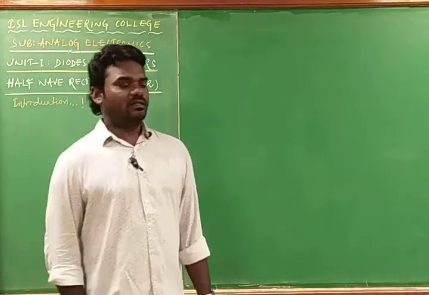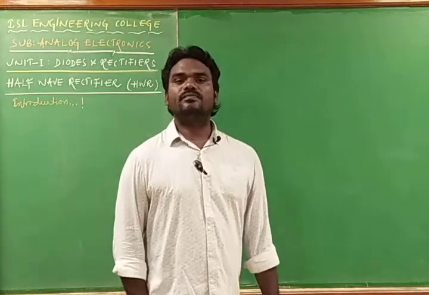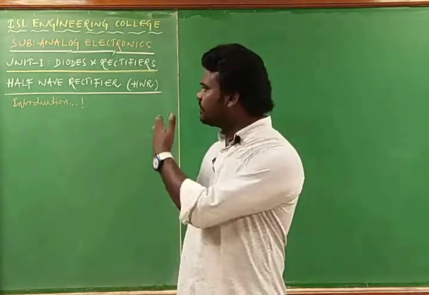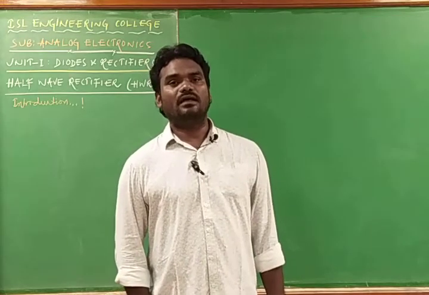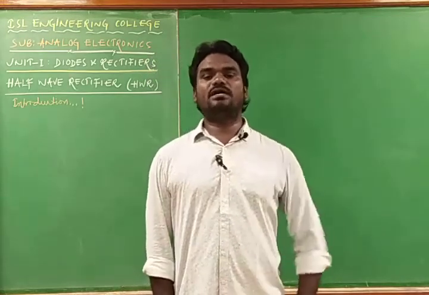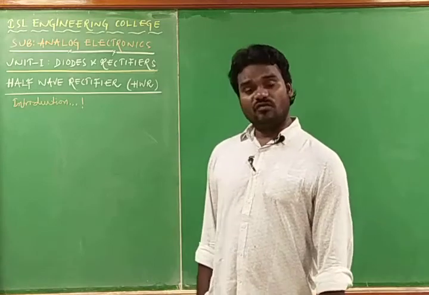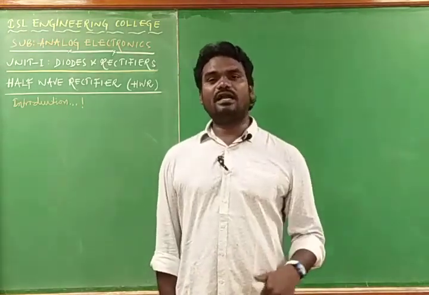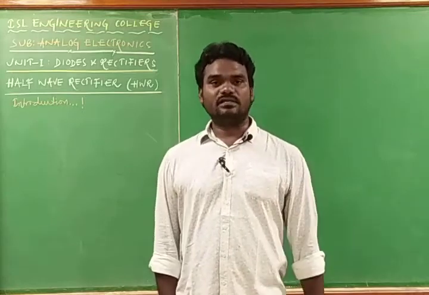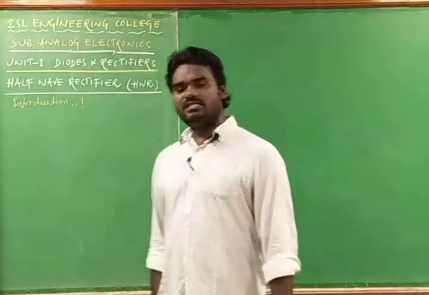There are three rectifiers in the syllabus. First one is named as half wave rectifier. The name itself gives the description that half of the wave will be converted into DC. Next one is full wave rectifier. That means the complete wave of alternating current will be converted into DC. Another one is a bridge full wave rectifier.